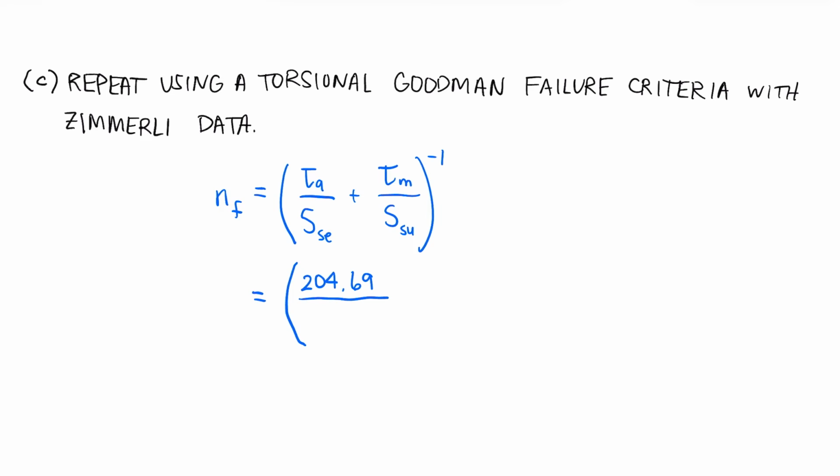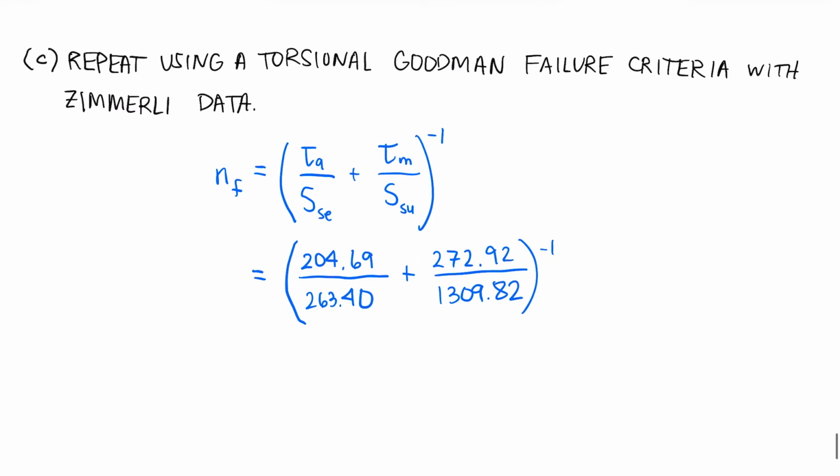204.69 over 263.40 plus 272.92 divided by 1309.82. Okay, and when I plug this into a calculator, I get 1.01. So really close to 1, probably far too close for comfort.